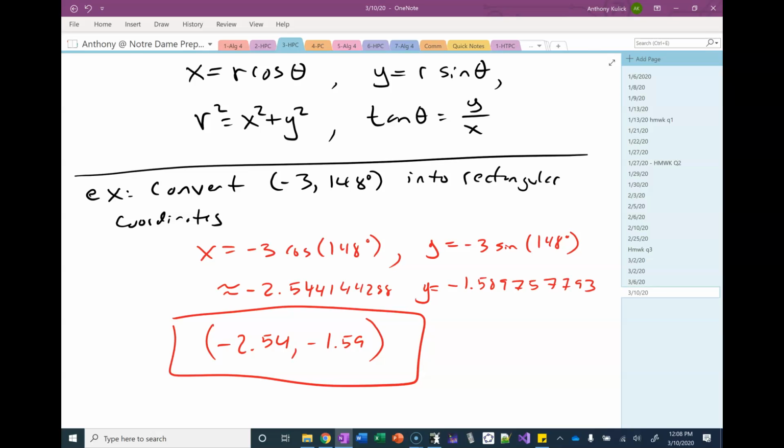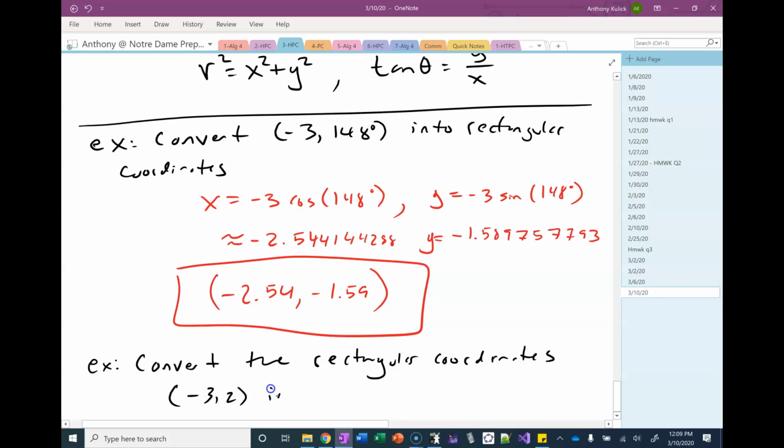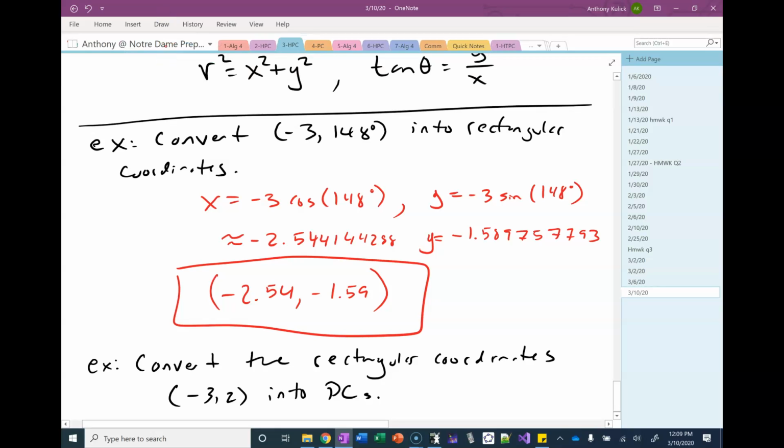Okay. What if we want to go the reverse direction? So if I want polar coordinates, I want an r comma theta, right? That's what we mean by a polar coordinate point.